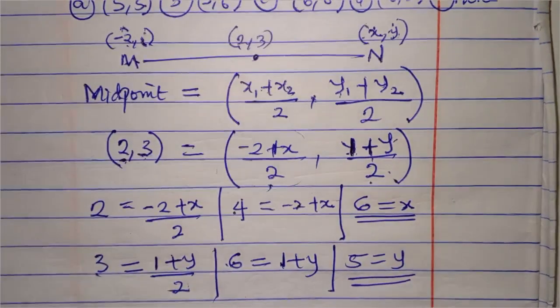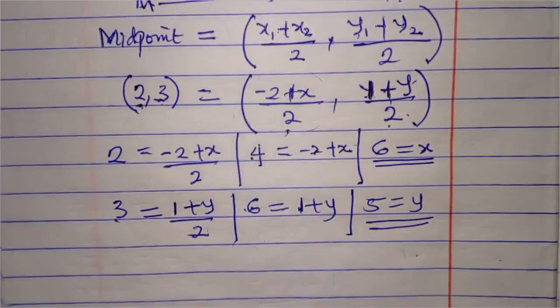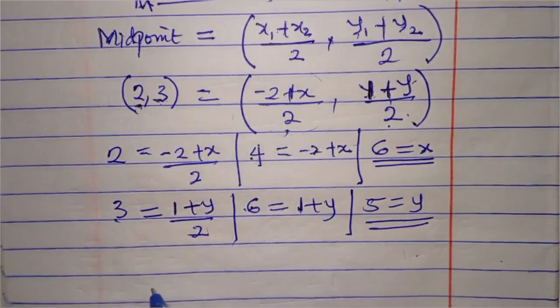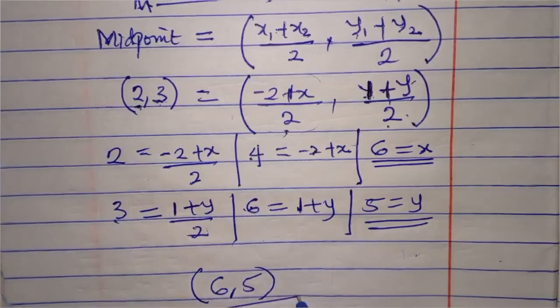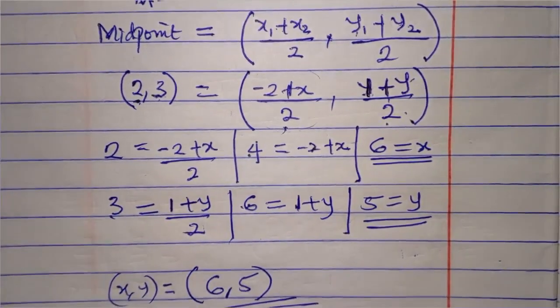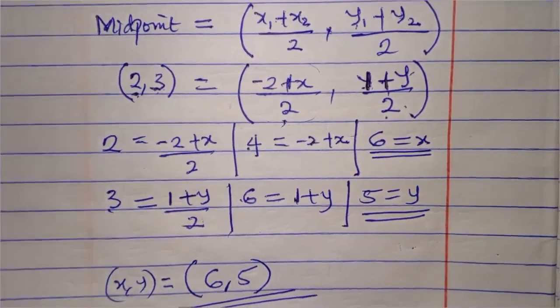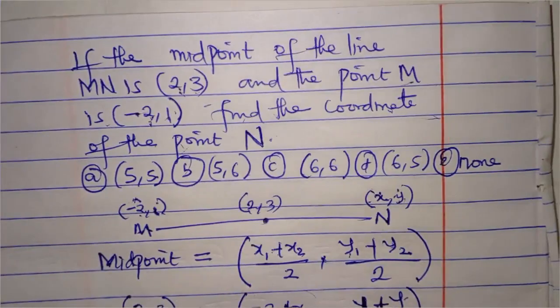So x equal to 6 and y equal to 5. So therefore, N has the coordinate 6, 5, because x comes before y. This is the coordinate of the point N. And we can see that in option D, right?